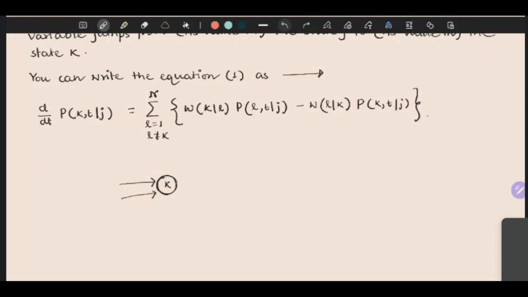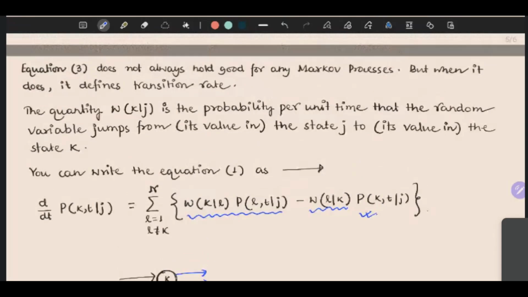The first term is the transition rate from any other state to the Kth state times the associated probability, and the second is the transition rate from the Kth state to any other state. That's why there is a minus sign with the associated probabilities. Now you will get this equation.